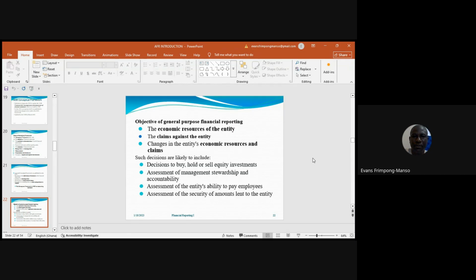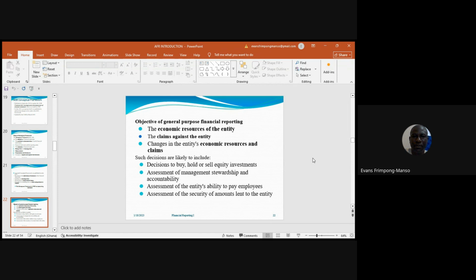Decisions about the entity's ability to pay employees. Decisions about the security of amounts they have lent to the entity, that when the time matures, the entity will be capable of paying back whatever amount was lent to them.